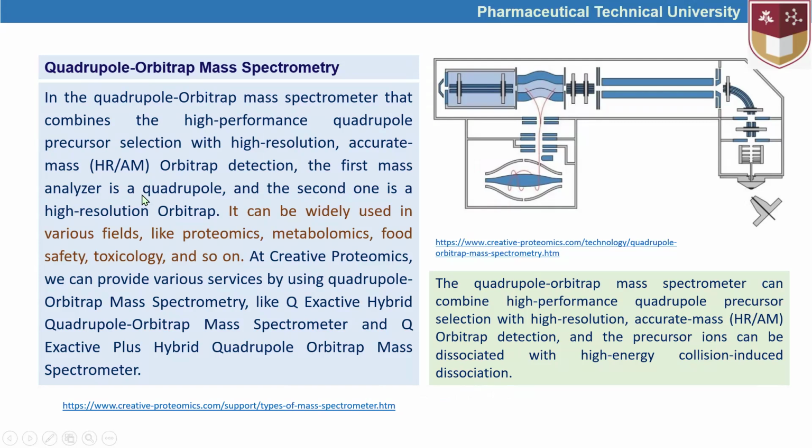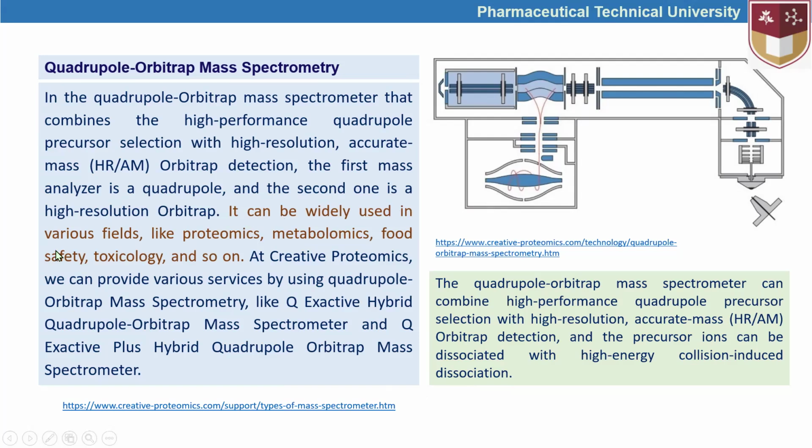The first mass analyzer is a quadrupole, and the second one is a high-resolution Orbitrap. Here we can see the quadrupole, and this one is the Orbitrap. This tandem allows more accurate and high-resolution results.